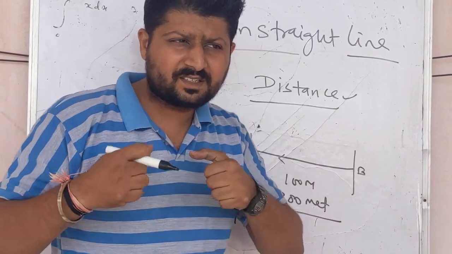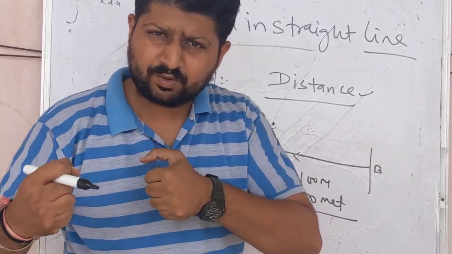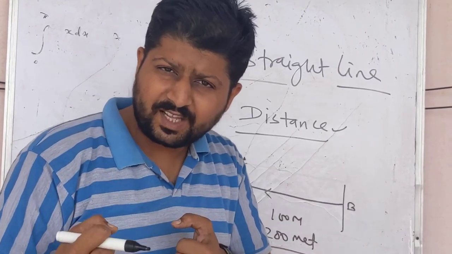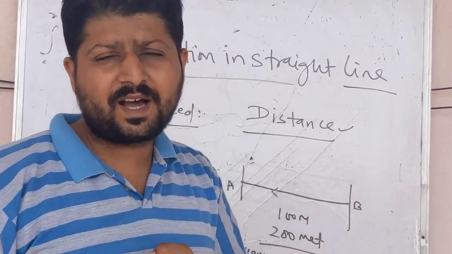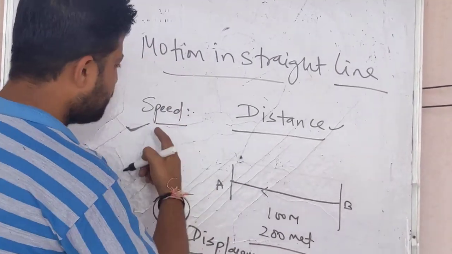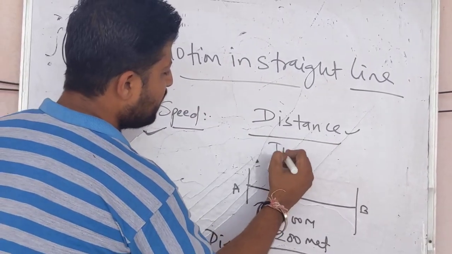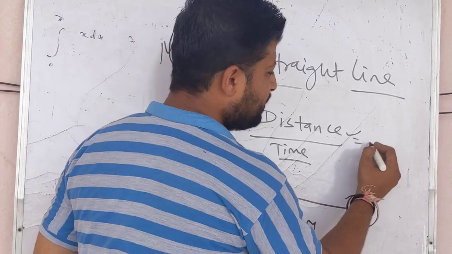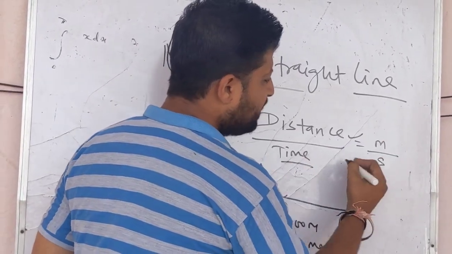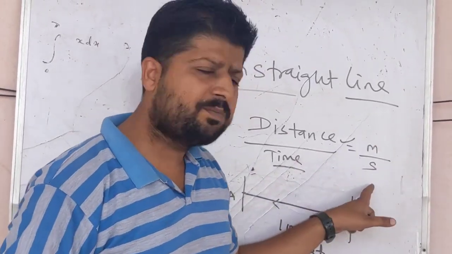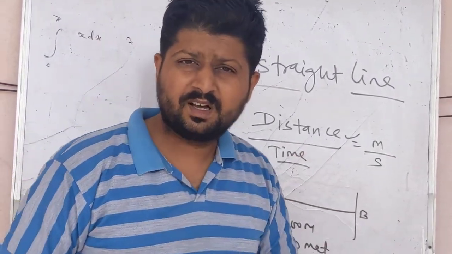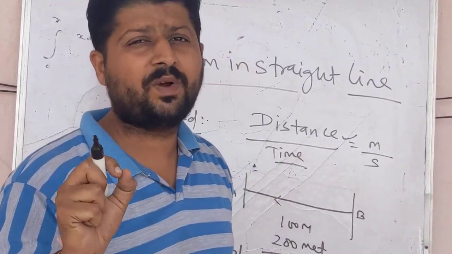The object is changing its position with respect to time, which means it is following some path. So we can write the formula: speed equals distance upon time. Distance is considered in meters and time is always in seconds, so meter per second is called speed. Speed is also a scalar quantity, not a vector quantity.